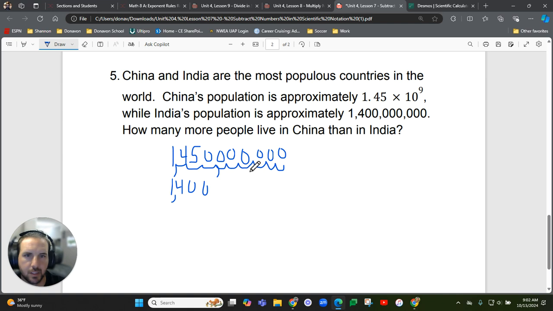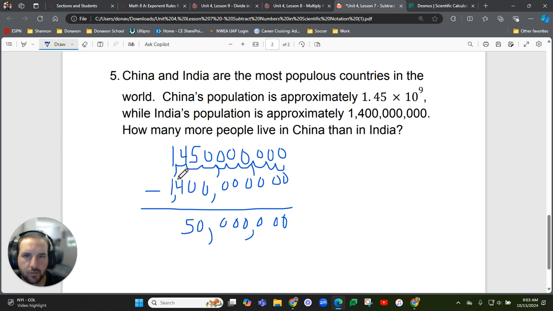Just going to put the commas in here. All right, so we're going to subtract those two numbers. So 5 minus 0 is 5, 4 minus 4 is 0, and 1 minus 1 is 0. So it would be 50 million people more.